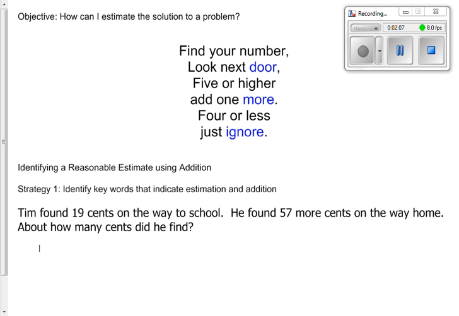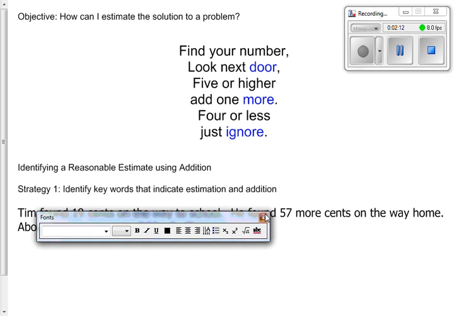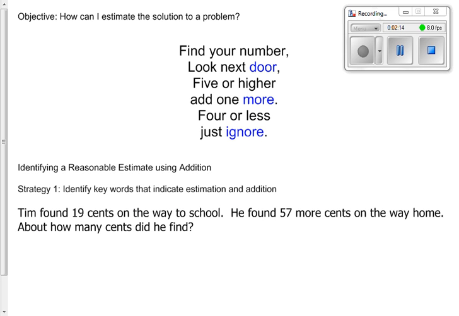So I see here that for the word about, let's see, do something funky. How about that? The word about is telling us that we should be rounding. Then another key word is the word more.